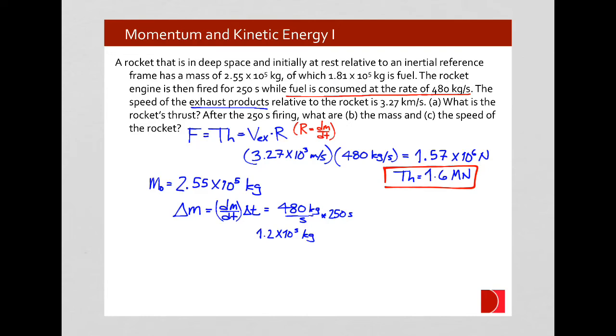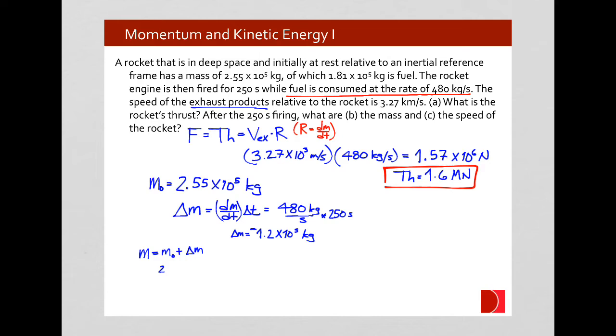This is our change in mass, and we know it has to be a negative amount because the rocket is losing that mass as the engine burns up that fuel. That mass disappears, and so the new mass, which we'll call m, is going to be the original mass plus this change in mass.